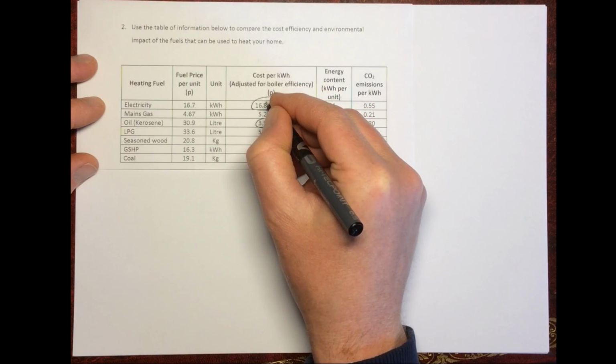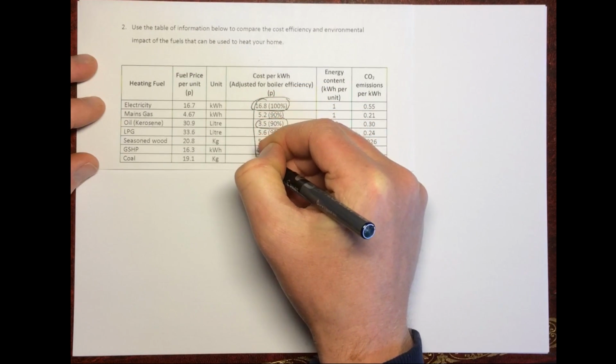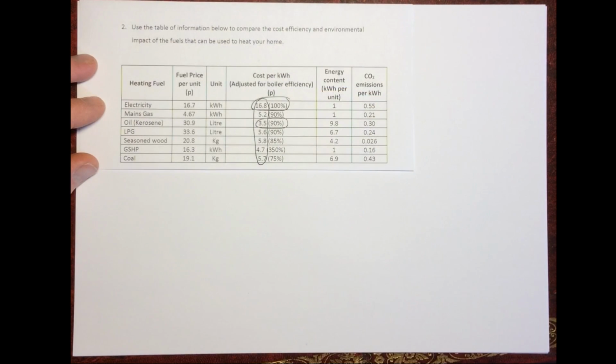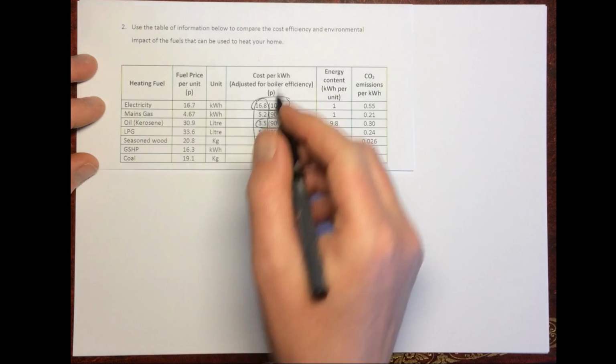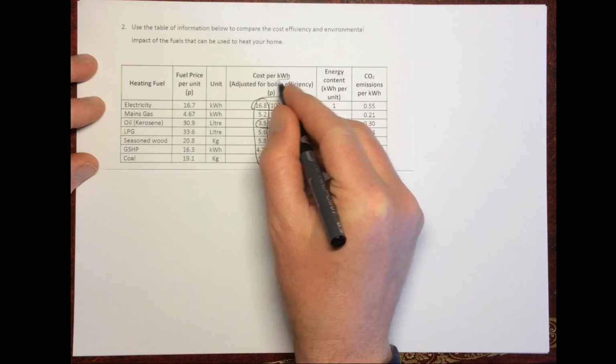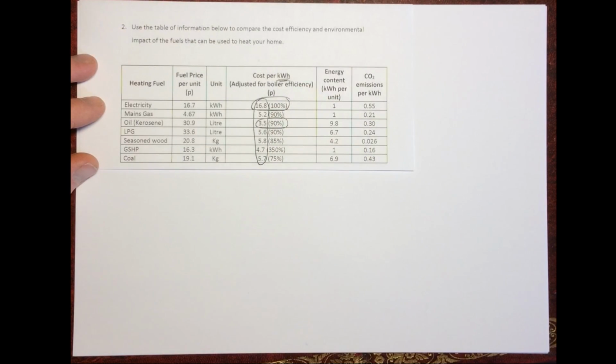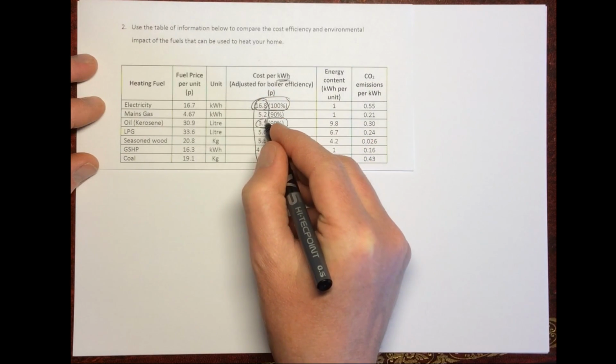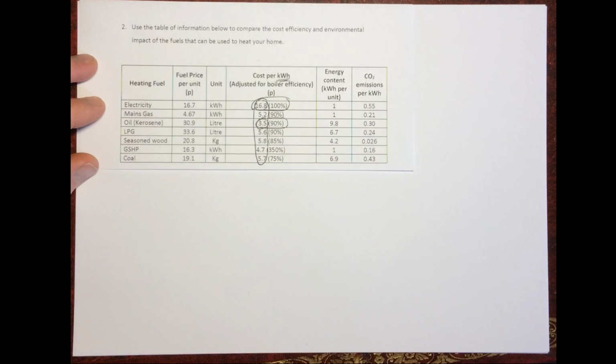The question is, it's this number here that we're concerned with, okay, because this is the number that gives us the cost per kilowatt hour for these fuels. Okay, and the kilowatt hour is the unit we use to measure the amount of heat provided to the home. So electricity has the largest number, oil has the smallest number.